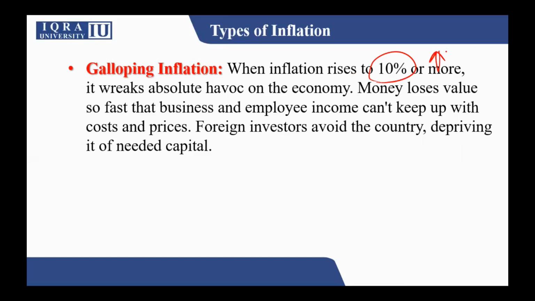Usually in underdeveloped countries, this rate may be around 12% or 15%, which is alarming. And this galloping is the start of hyperinflation. Remember this. If it is not tackled here by government intervention, it may become hyperinflation.